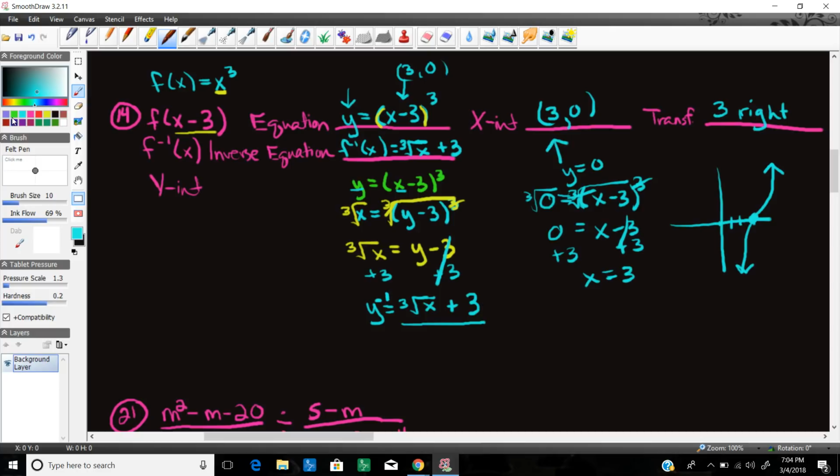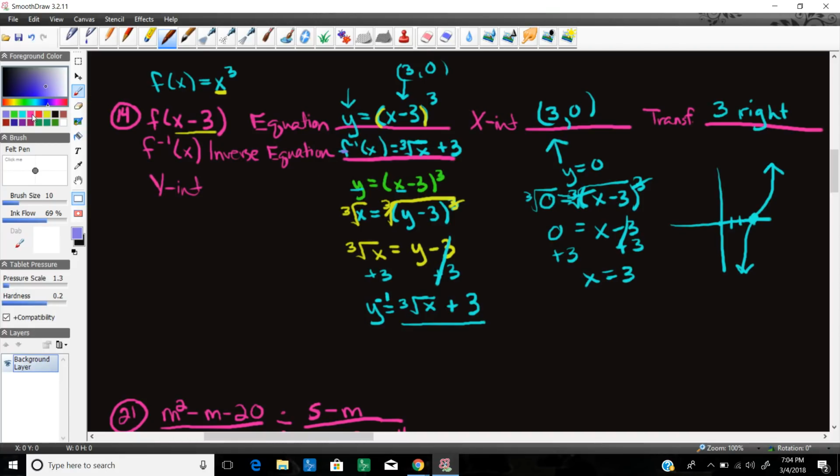And if you look at the two equations, they're kind of the opposite. So this one has everything on the inside of the parentheses. This one has the 3 on the outside of the root, okay? And if you want to be a little more technical, this f of inverse is probably better if I do y inverse, but we're not being too picky right now, okay?